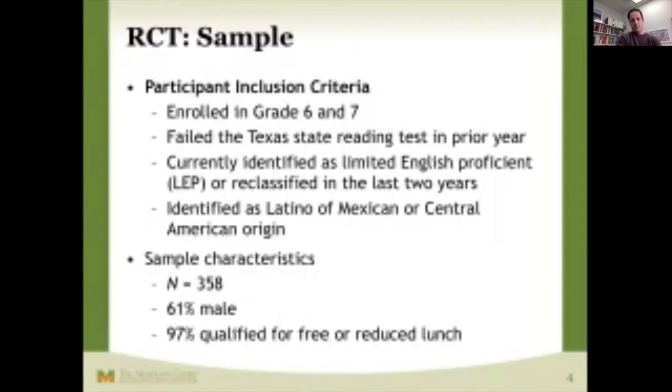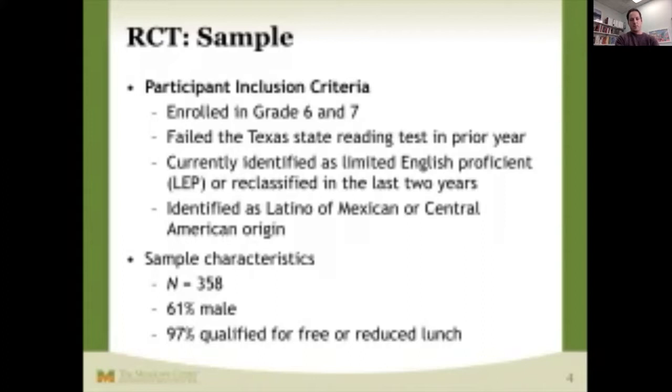The second criteria they had to meet was they had to be currently identified as limited English proficient based on their performance on the state English language proficiency exam, or they had to be reclassified in the last 2 years. And in the state of Texas, where the study was conducted, those students are considered in monitoring. The last criteria is that the students had to be identified as Latino, of Mexican or Central American origin.